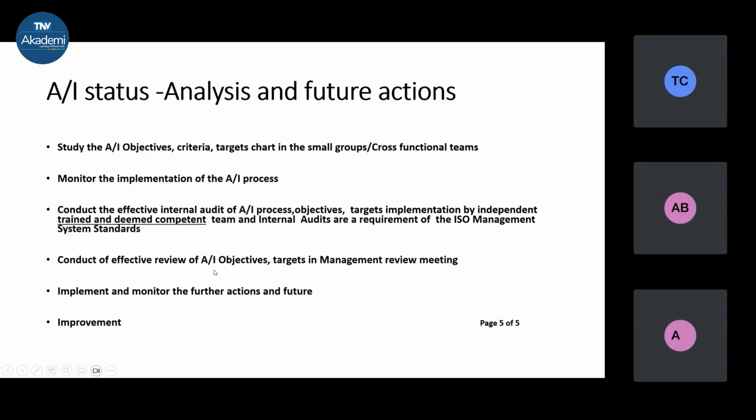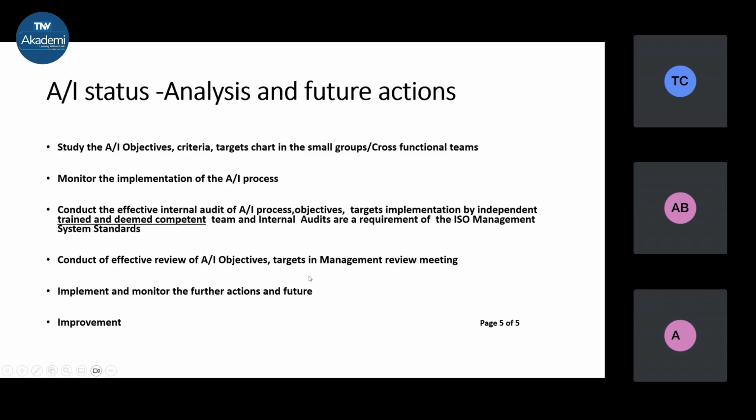They review this performance and decide what actions to be taken in future so that our AI objectives and AI policies are further improved upon, and our application inquiry becomes a robust system that brings about improvements day by day as we conduct the internal audit, because it is an ongoing process.